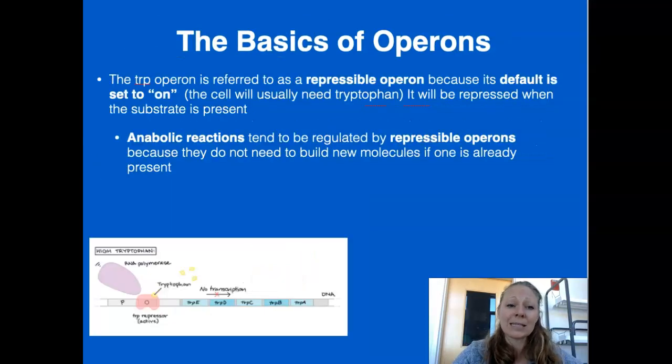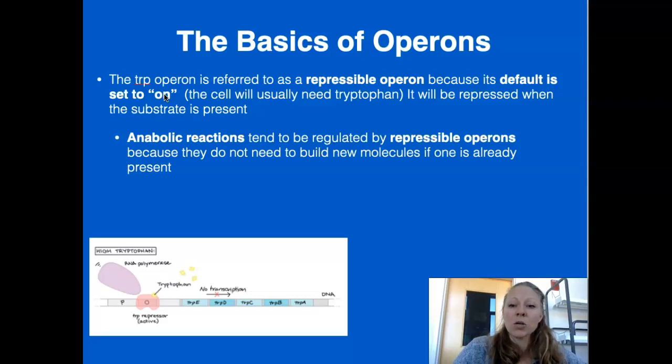Finally, here's our last slide. The Trp operon is referred to as a repressible operon because its default is set to on. It's just going to be working unless it's being repressed, unless it doesn't need to make it.